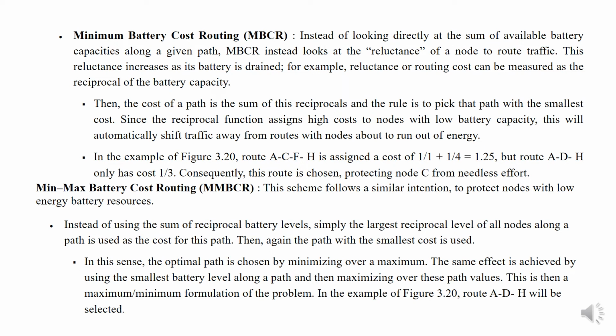In this sense, the optimal path is chosen by minimizing over a maximum. The same effect is achieved by using the smallest battery level along a path and maximizing over these path values. This is then a max-min formulation of the problem. In the example of figure 320, route ADH will be chosen.